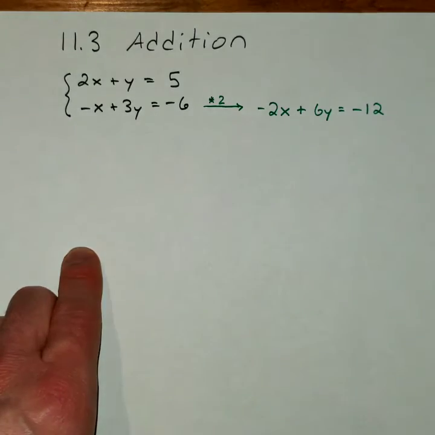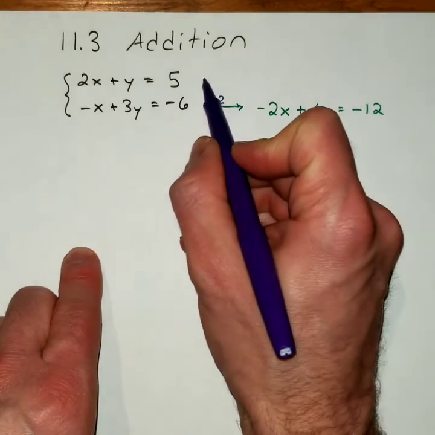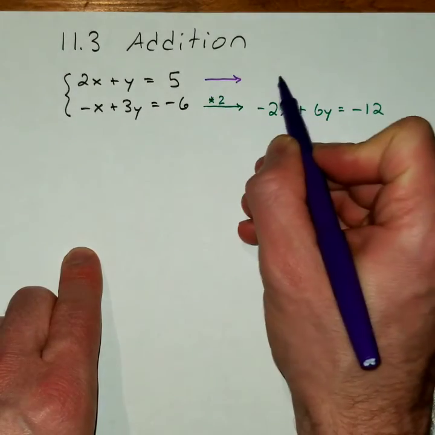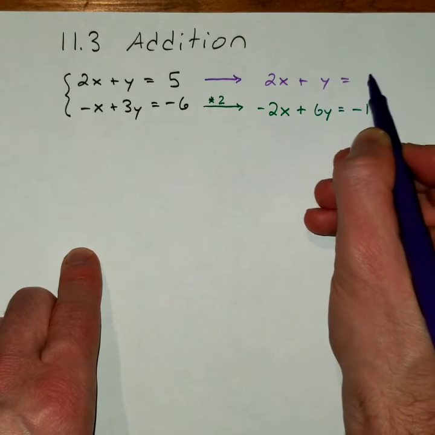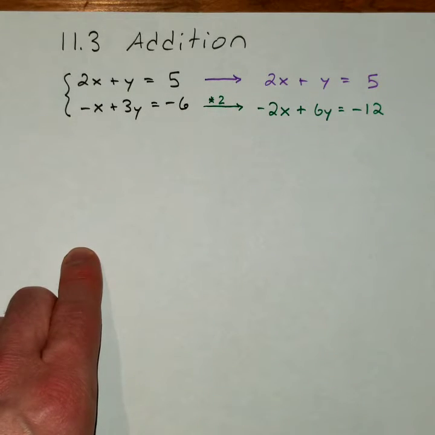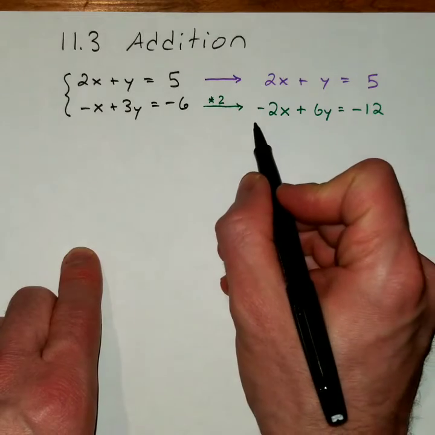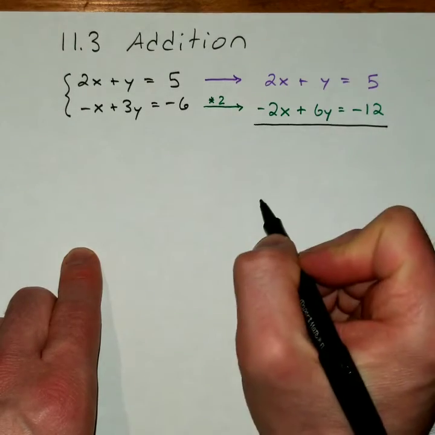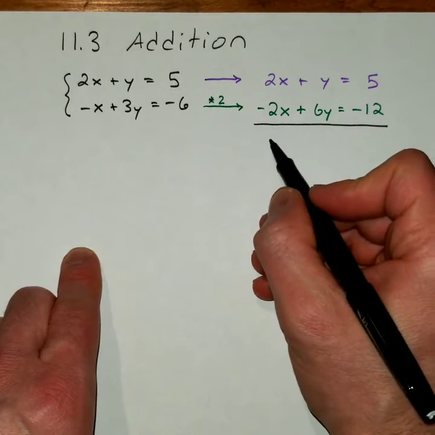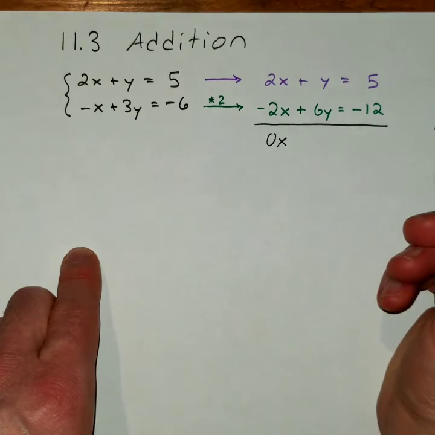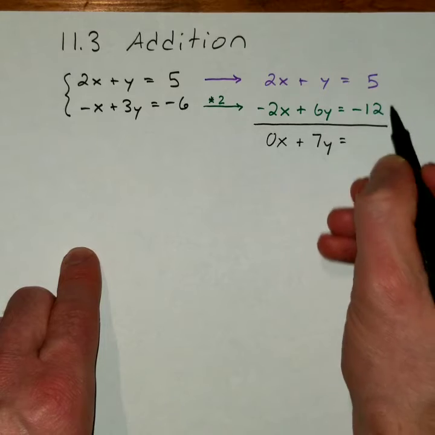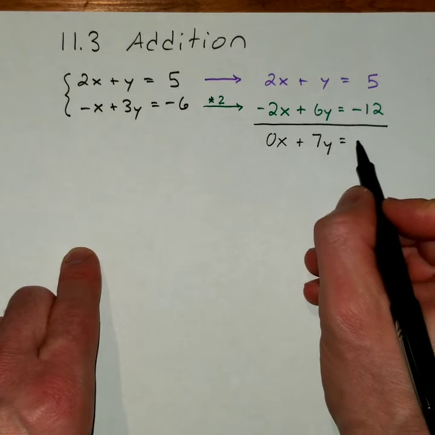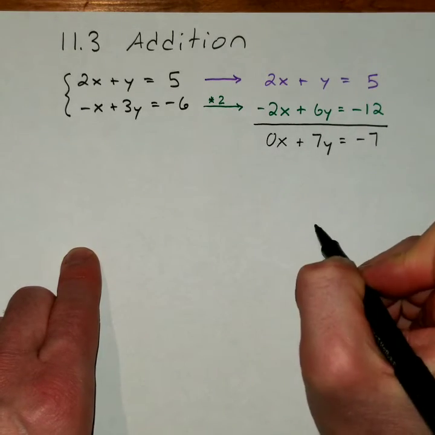The other equation I'm going to leave fixed. I'm going to leave it alone, and I'm going to have 2x plus y equals 5, and we're going to add those together. Okay, the x's will add up to 0x, the y's will add up to 7y, and the constants will add up to a -7.